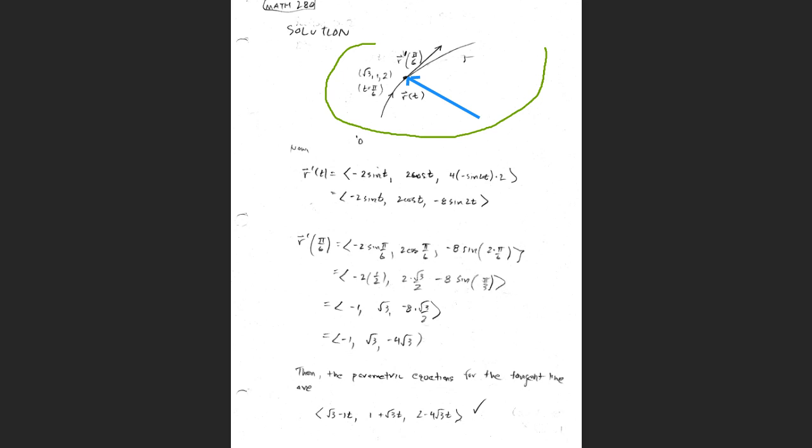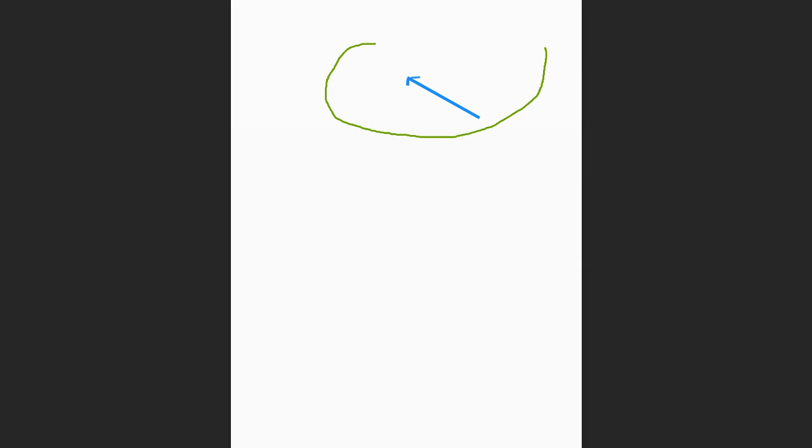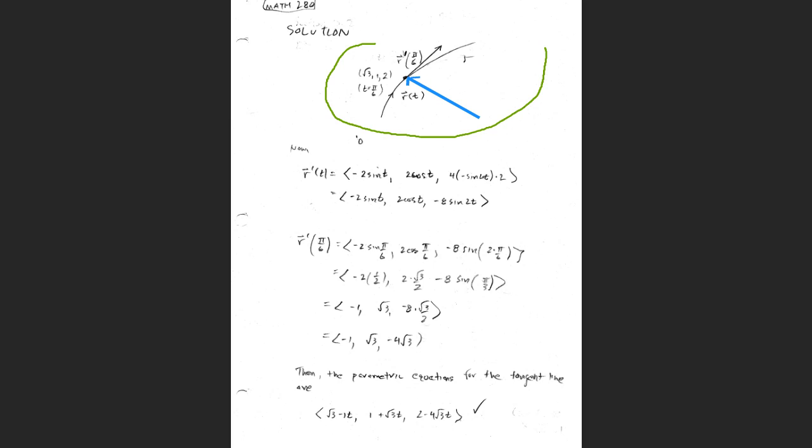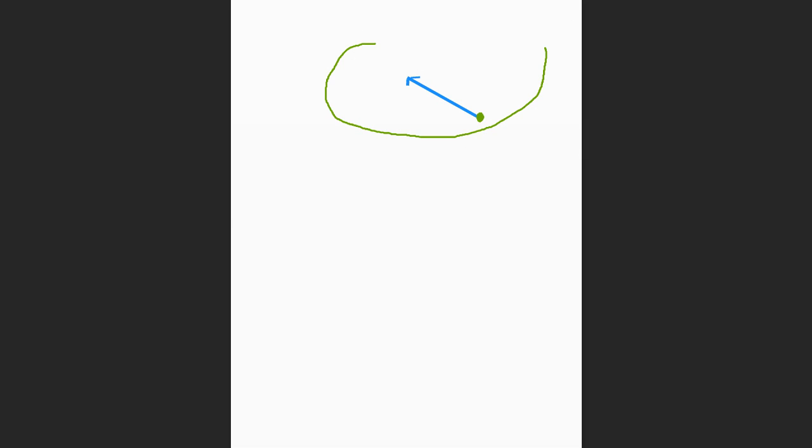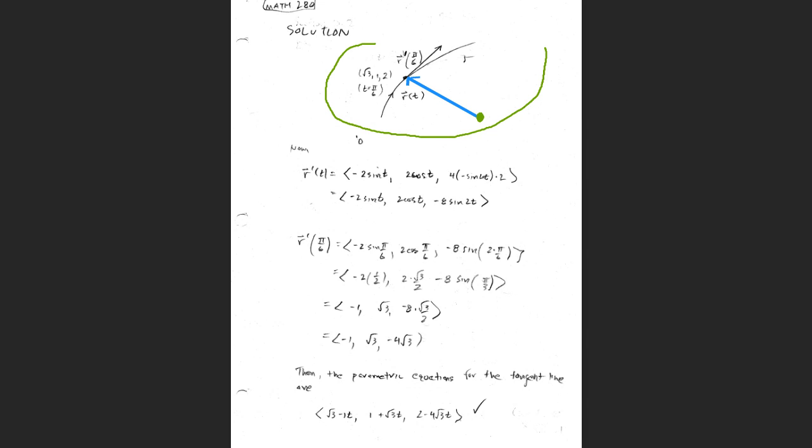Here is my position vector, r of t, coming from the origin.